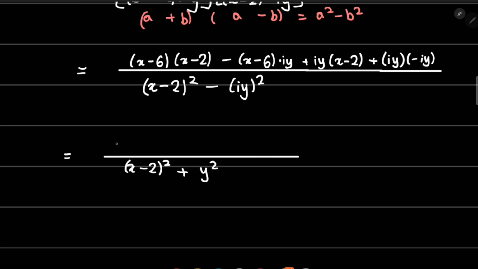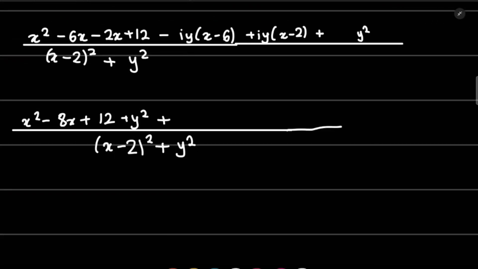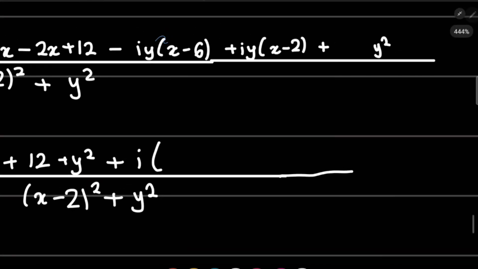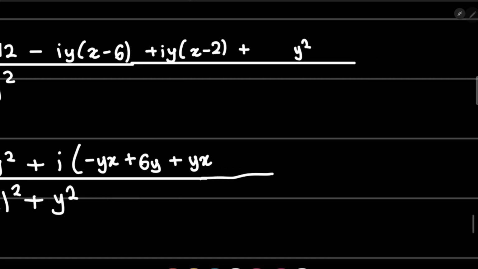And on the top we have x square minus 6x minus 2x plus 12. And for the imaginary part we have plus i. Here we have minus yx, minus, so plus 6y. Then we have plus yx here and then minus 2y.